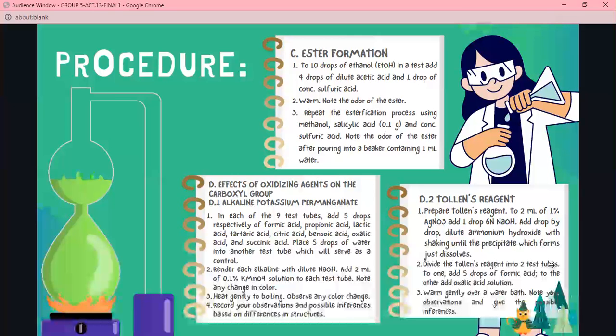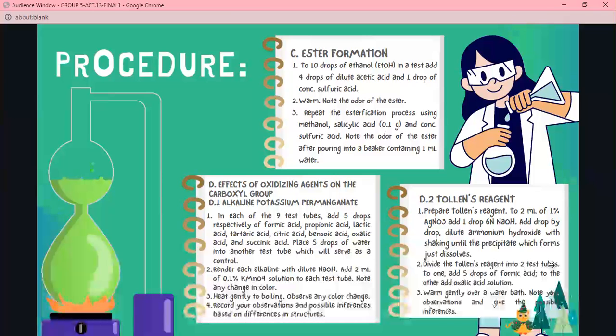Place 5 drops of water into another test tube which will serve as a control. Second, render each alkaline with dilute sodium hydroxide. Add 2 ml of 0.1 potassium permanganate solution to each test tube. Note any change in color. Third, heat gently to boiling. Observe any color change. Fourth, record your observations and possible inferences based on the differences in structures.